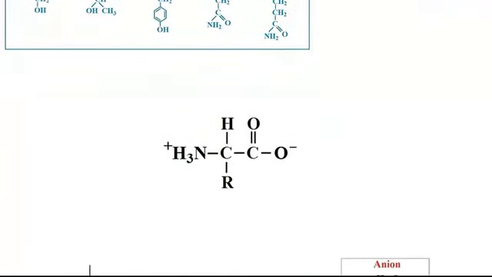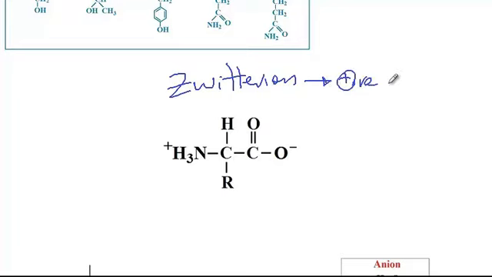The next concept that I would like to discuss with you is called a zwitterion. Zwitter is basically a German word standing for hermaphrodite, where an individual has both male and female characteristics. So in chemistry, zwitterion refers to a molecule that has both positive and negative charge, but the net charge of this molecule is 0.